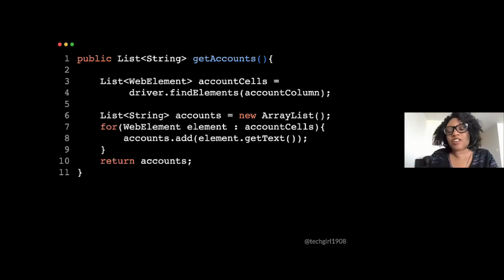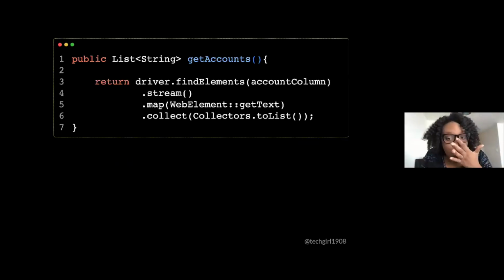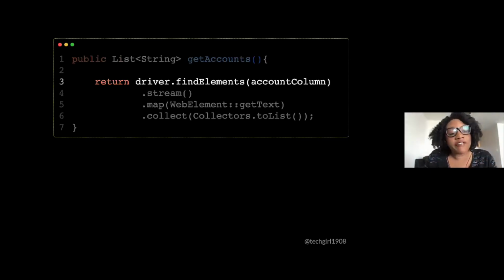So there's a more modern approach to do this in Java by using a functional programming style. This approach was actually added in Java 8, but I don't see it used much in test code. So I wanted to highlight it really quickly. So this is much more streamlined. I think we all can agree. Here, we still call find elements to get the list of web elements, but we don't need to store them.